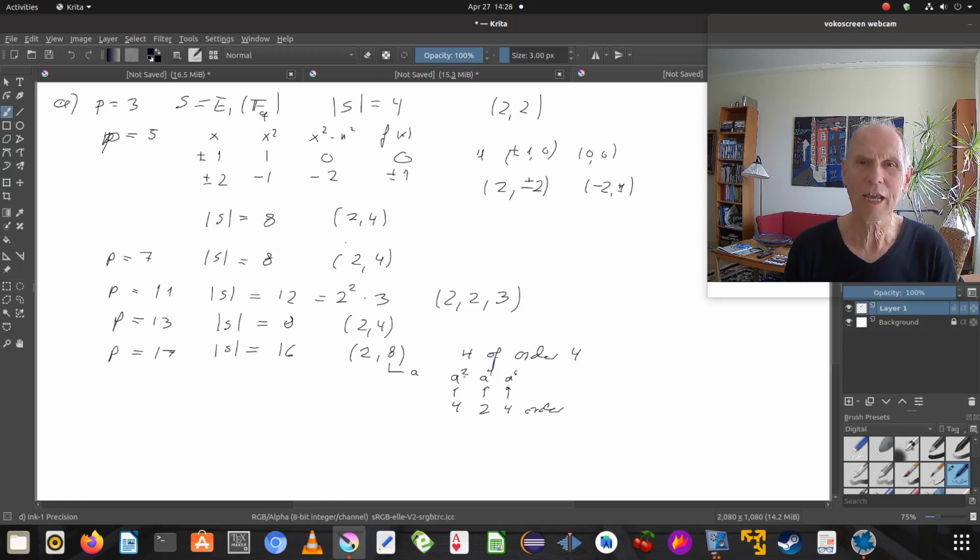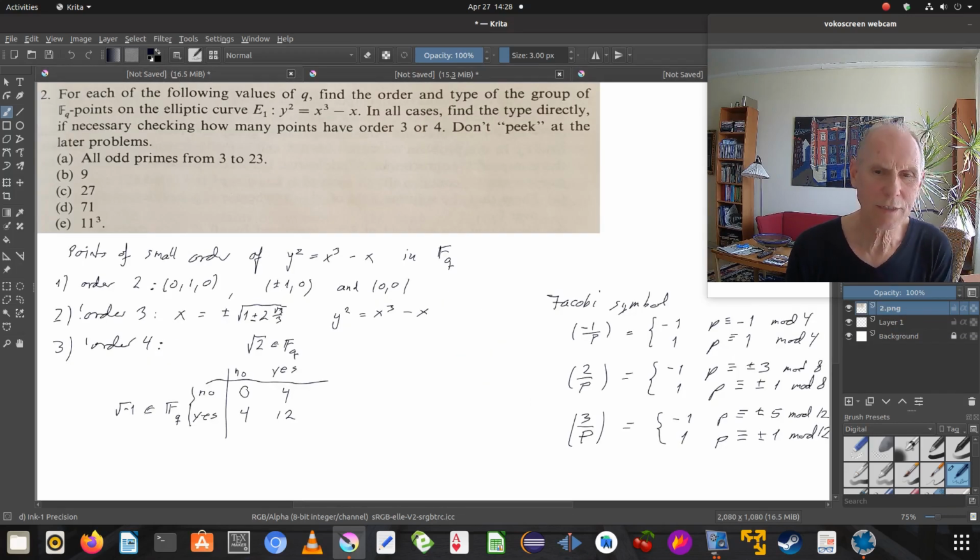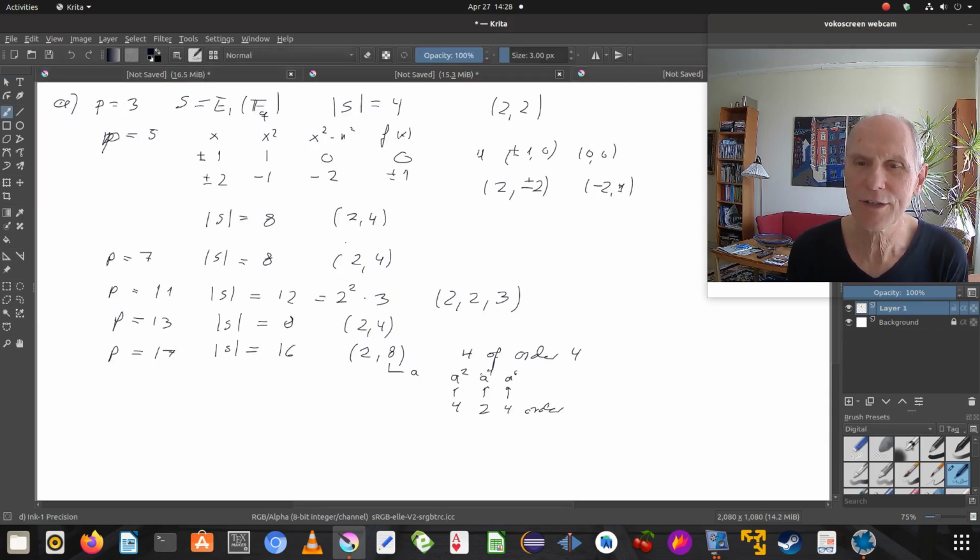But I claim when both of these roots exist that we have 12 points of exact order 4, and I can only see 8. A to the second power. Why don't we use additive notation? So I write 2a and 4a and 6a.